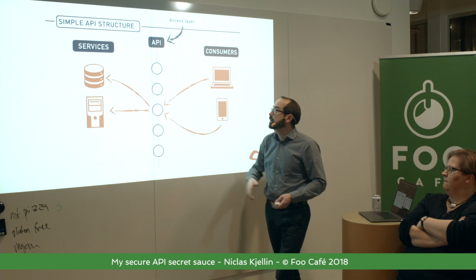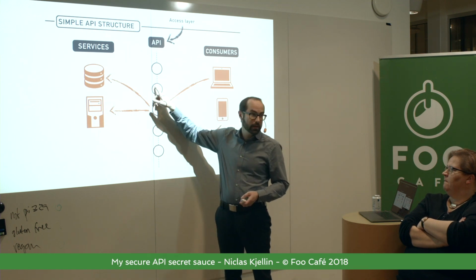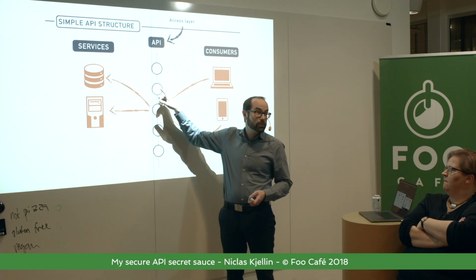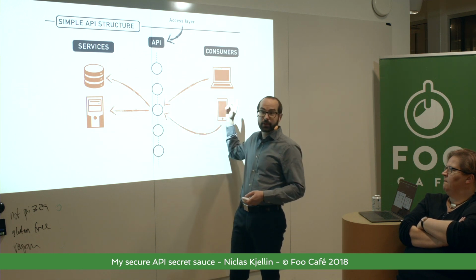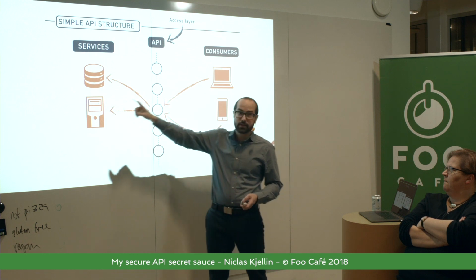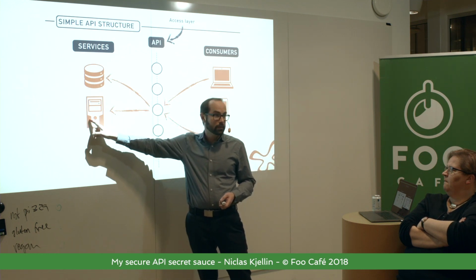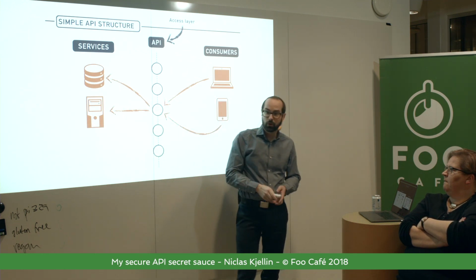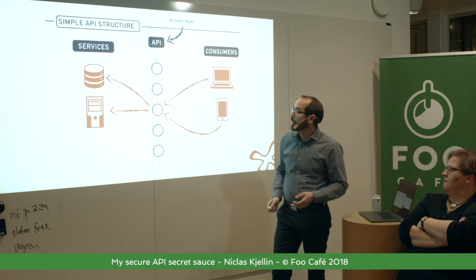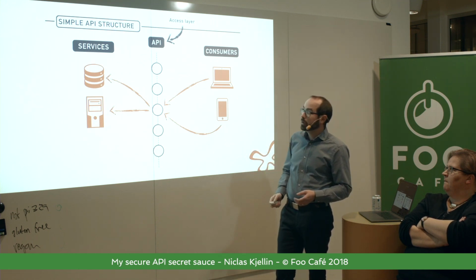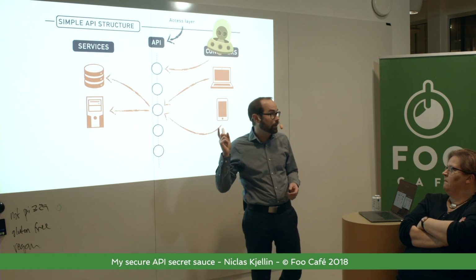And one thing is that this is an access layer. It's not per default a security layer. It's about making them getting access to whatever's on this side. So default is full open access. And since you don't know who they could be, practically anyone.